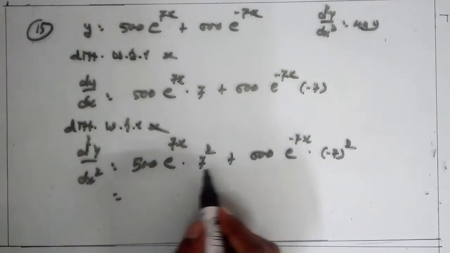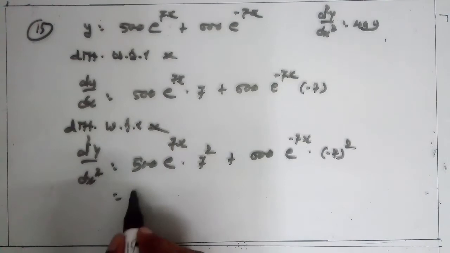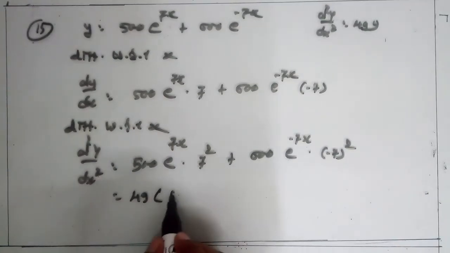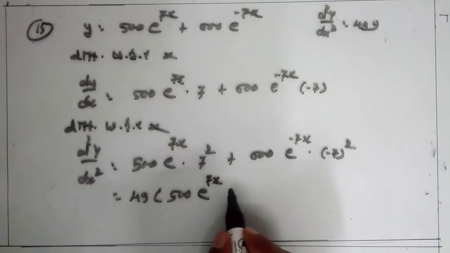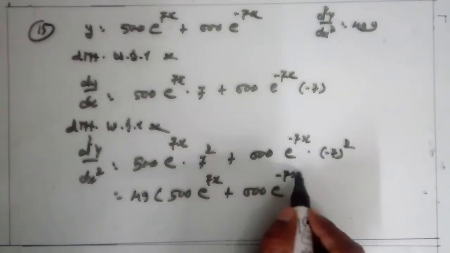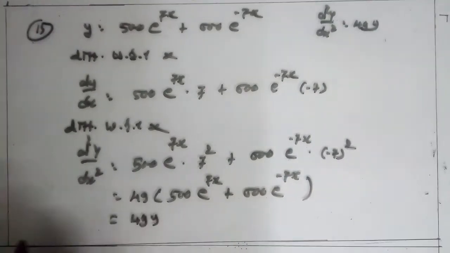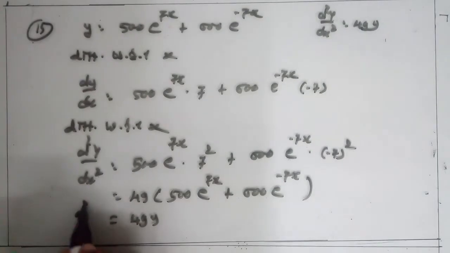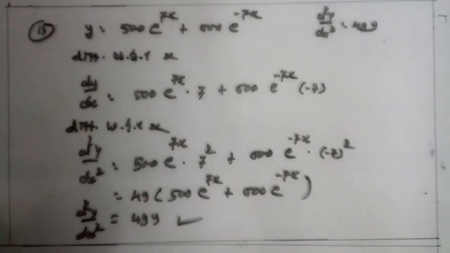So is equal to 7 square 49, minus 7 square 49, take common. So we get 500 e raised to 7x plus 600 e raised to minus 7x and this is equal to y. You know that. So d square y dx square is equal to 49y. Clear?